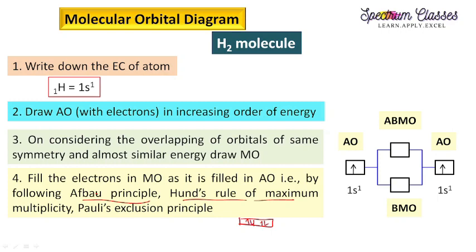So that is Hund's rule of maximum multiplicity. And the last one is Pauli's exclusion principle. It means two electrons in the same orbital cannot have all four quantum numbers the same. Electrons are paired up in the same orbital, right? So these are the three important rules which need to be followed.